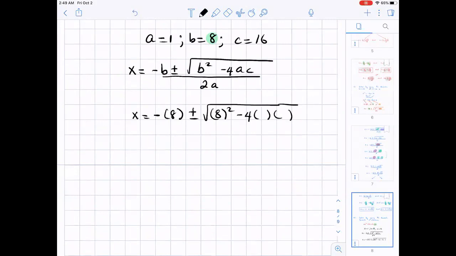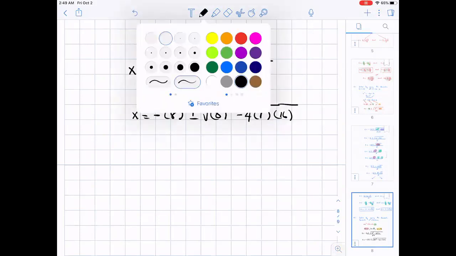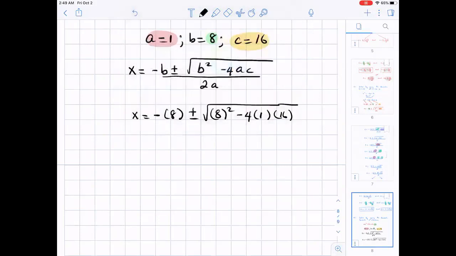Okay, so a we know here is 1 and c we know is 16. So I'll write a as 1, c as 16, everything over 2 times a, which is 1.